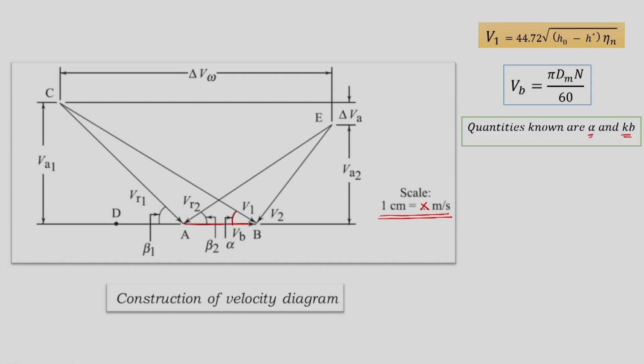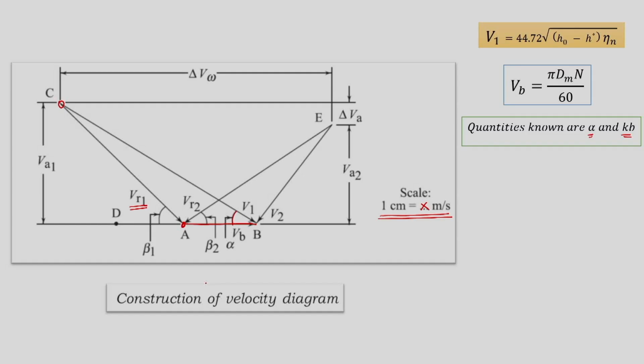First we will draw Vb as a horizontal line up to the scale, then we will make a second line with the angle alpha, and on that we will mark the V1 magnitude. Then we will find this point C. Knowing the point C, we can connect it with point A, and then VR1 will be known to us.